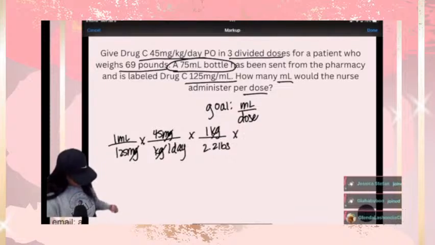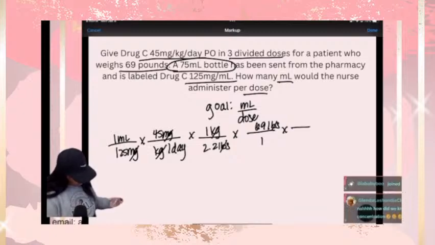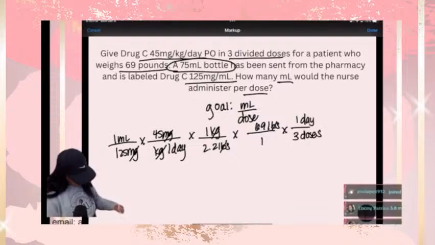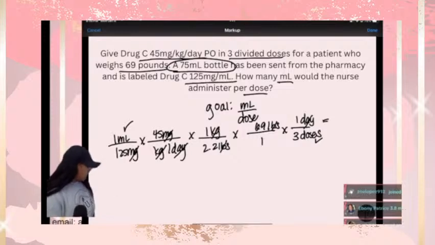Kilogram is gone. Now we can put 69 pounds at the top over 1. That's your placeholder. Pounds is gone. Now we have day, and in 1 day 3 divided doses. So day is gone. Now we have mLs per dose, and we can solve this problem.